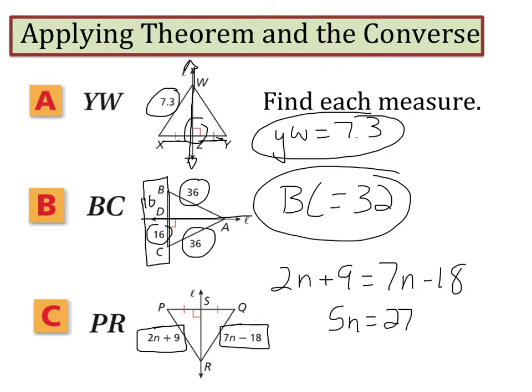Divide both sides by 5, and n equals 5.4. So you're looking to see either if these sides are the same or if these segments are congruent. And then you can make conclusions based off of that.